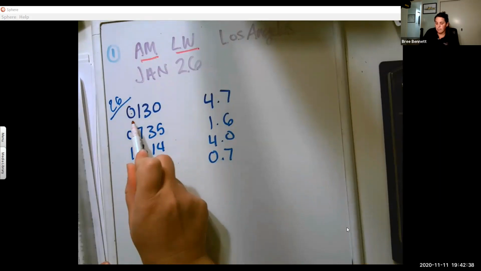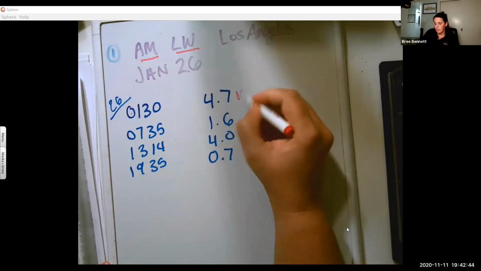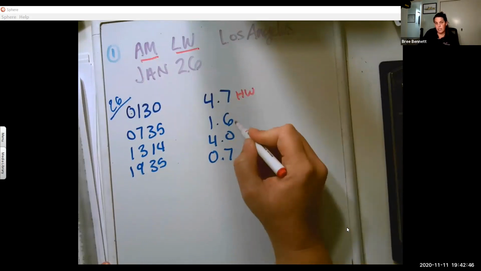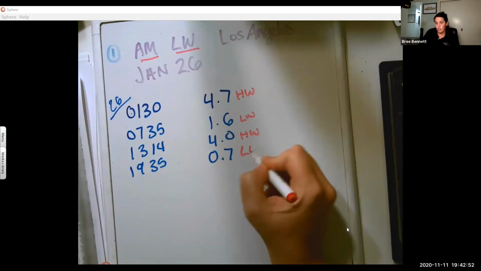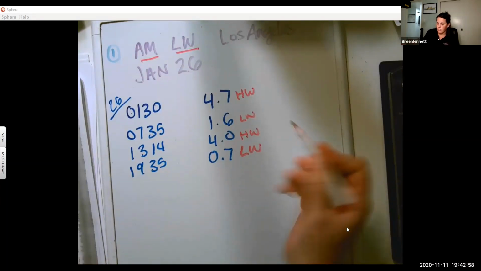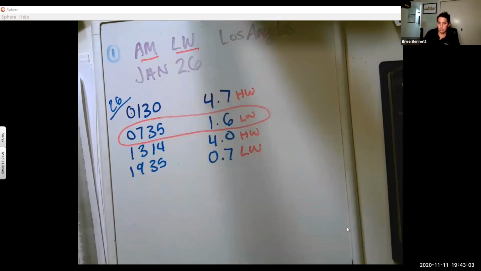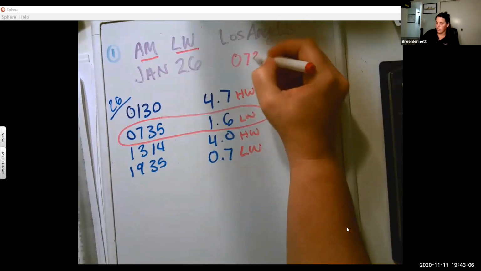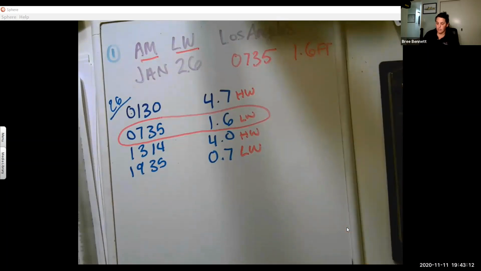So AM, our first one here, is 0130, and this is a high water. Then we have a low water, then a high water, then a low water. So it's asking which one is our AM low water. That would be this answer right here. So it would be 0735 at 1.6 feet. That is going to be our Los Angeles January 26th AM low water.